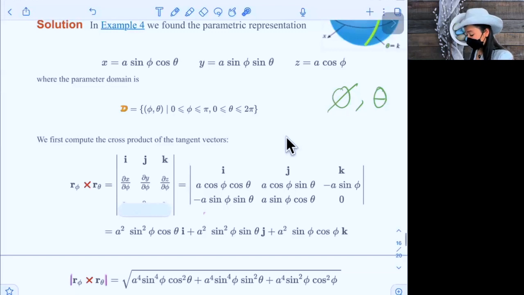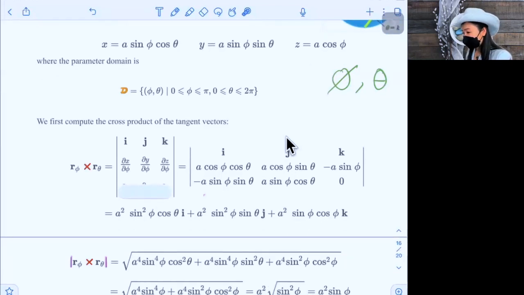Okay, the next one is the partial derivative with respect to theta. Then you just take each component and take the partial derivative with respect to theta.